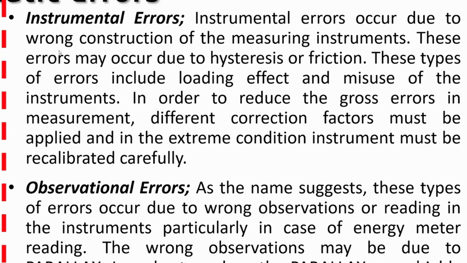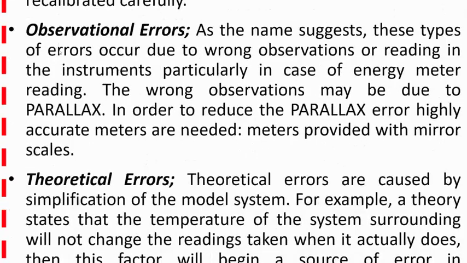Now, in order to reduce gross error in measurement, different correctional factors must be applied, and in extreme conditions, the instrument must be recalibrated. We talked about calibrating the weighing balance. Now, observational error, as the name suggests, occurs due to wrong observation or reading of the instrument, particularly in the case of energy meter reading.